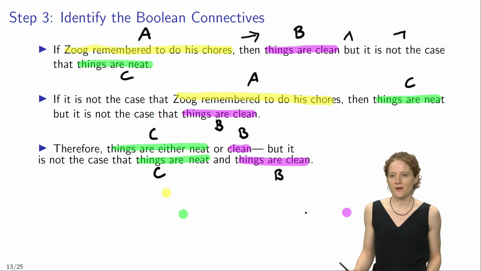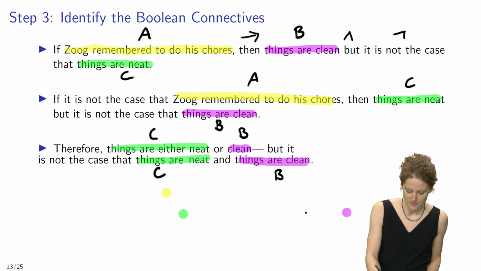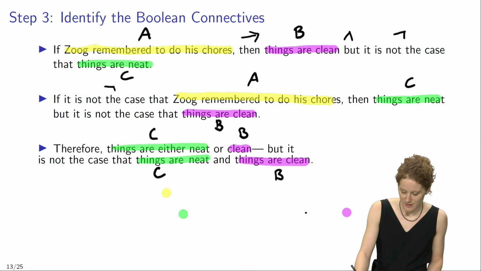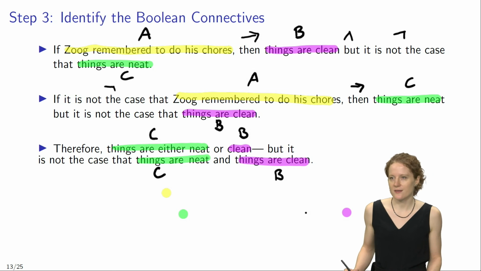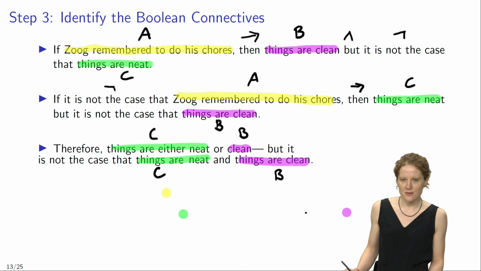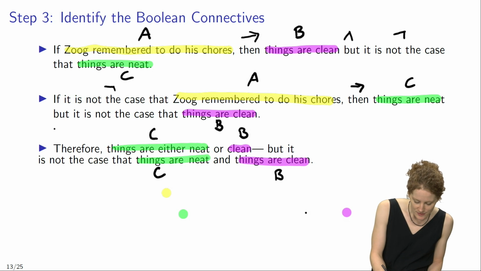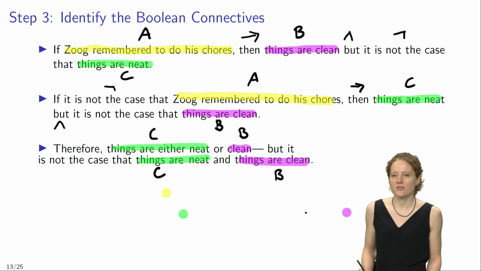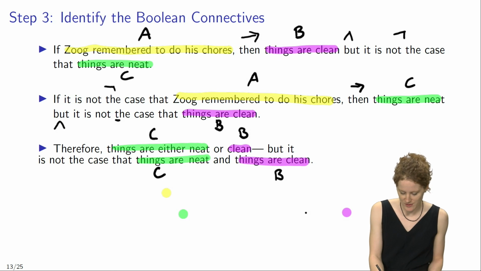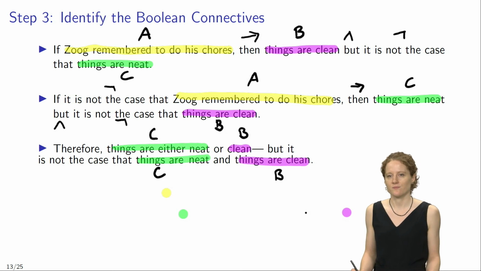Okay, moving on to premise 2. If it is not the case that, that's obviously a negation. And I see the words if, then, and that's a conditional that I'm going to represent by this arrow. And I again see the word but, which I'm going to represent by means of the conjunction sign. And it is not the case that, of course, again, is a negation.